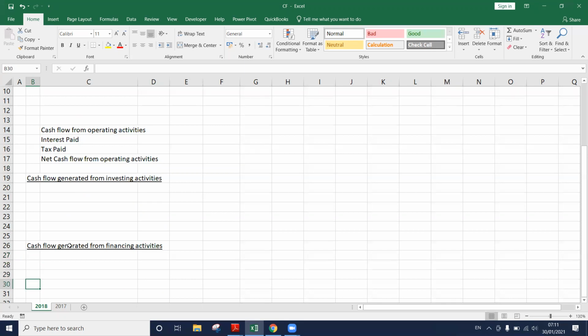Right? Then we will have net changes in cash flows during the year. The total of the cash flows generated through the activities is what we call the net changes in cash flows during the year. It shows by how much the cash flows changed within the year, right? So we will add that amount to the beginning cash and cash equivalent balance.